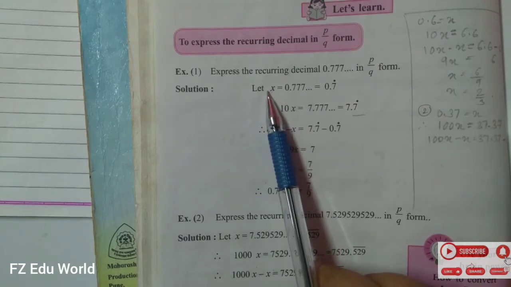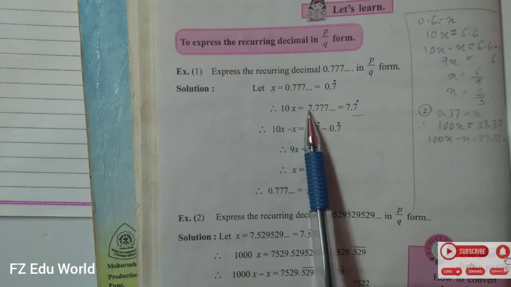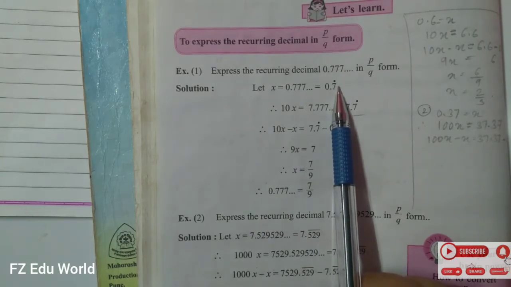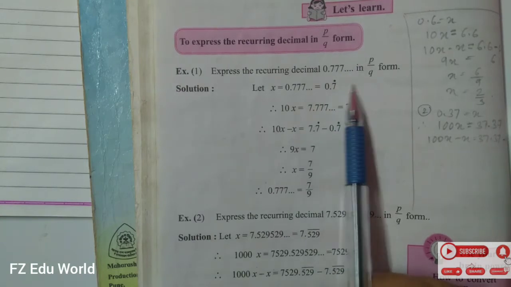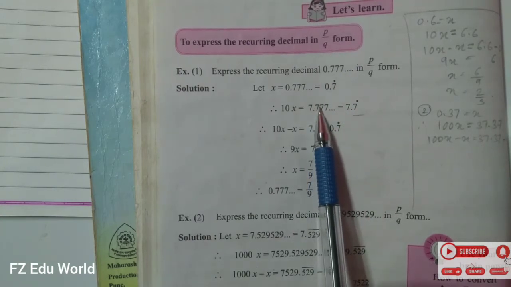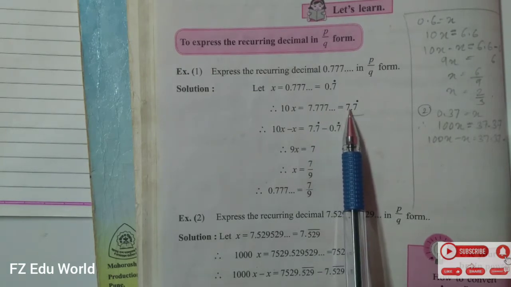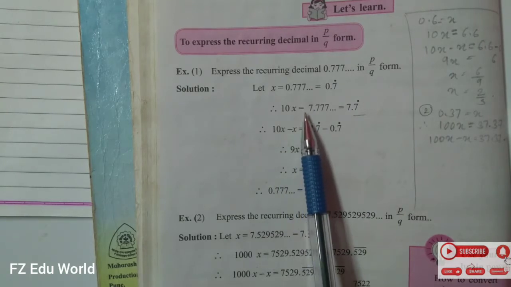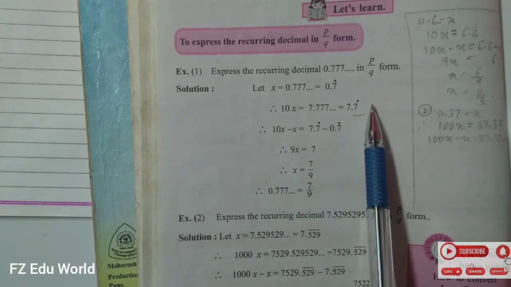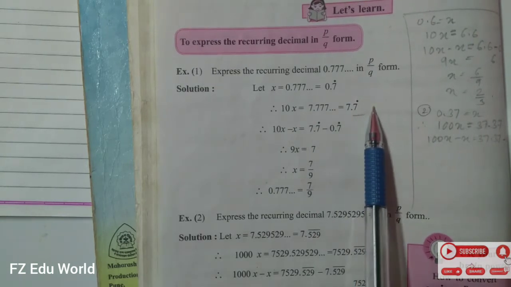10x. If we multiply this by 10, then 10x is equal to, the point shifts to here, that is 7, and we know that 7 is repeating, so we can write 7.777, which is equal to 7.7 recurring. Now this is our equation 1 and this is our equation 2.